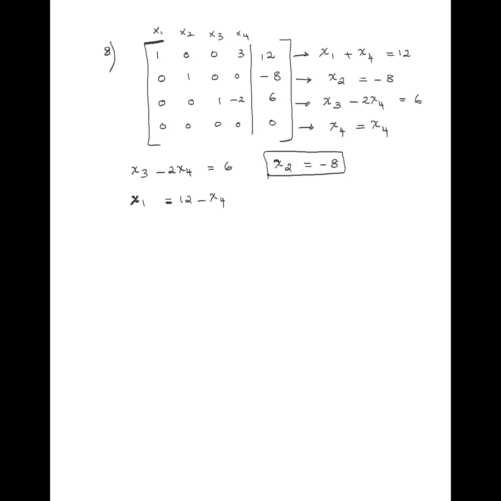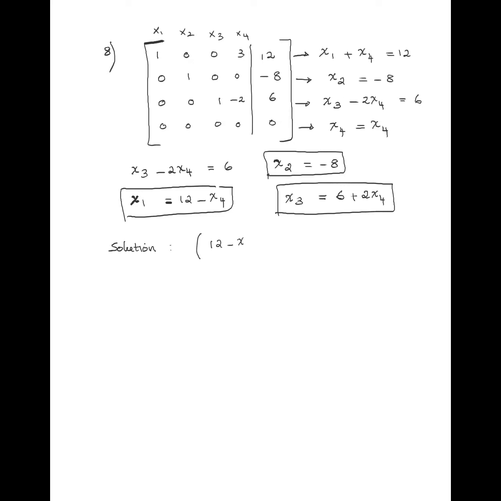And x3 is going to be 6 plus 2x4. And x4 is x4. So the solution is 12 minus x4, x2 is -8, x3 is 6 plus 2x4, and x4 is x4.